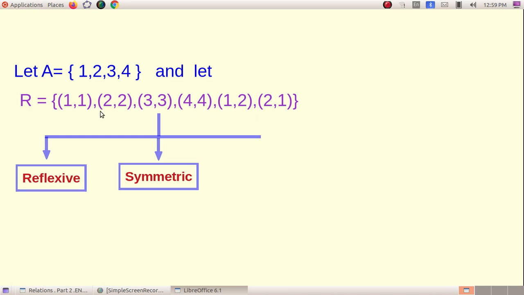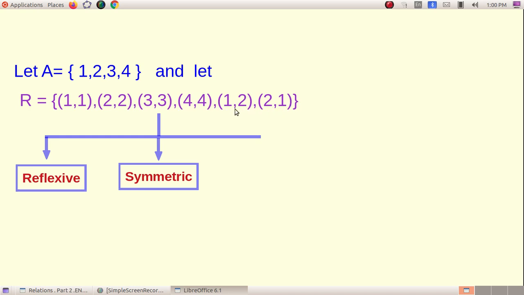Then next one (2, 2) belongs to R. Then another ordered pair starting with 2 is this (2, 1). (2, 2) belongs to R, (2, 1) belongs to R. Then (a, c) is (2, 1). That again belongs to R. Then next (3, 3). There is no ordered pair starting with 3. (4, 4). There is no ordered pair starting with 4. Then (1, 2), (2, 1).